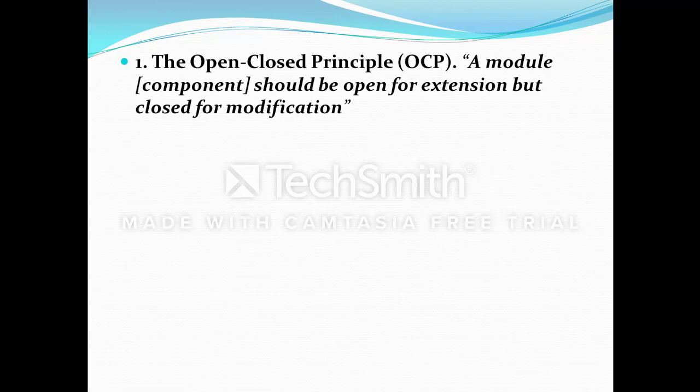Extension means future enhancement, elaboration, but closed for modification means internal functionality. We can't change the internal logic or functionality of the module. So the component can allow extensions but not any modifications. This is the important characteristic of a good component level design.